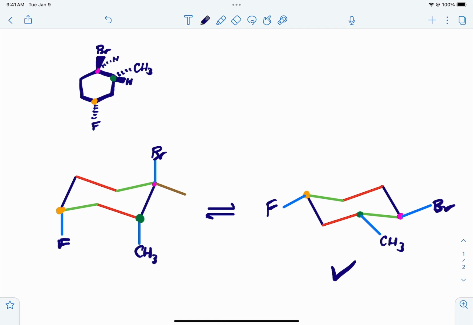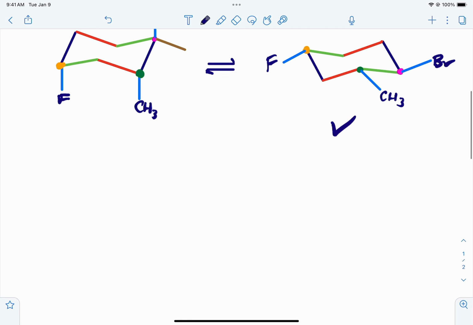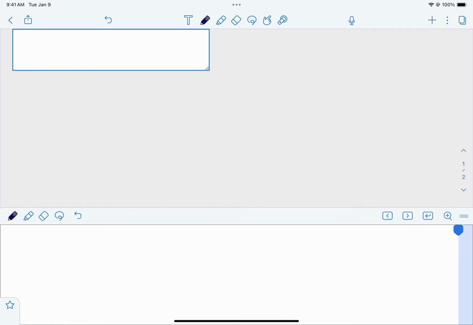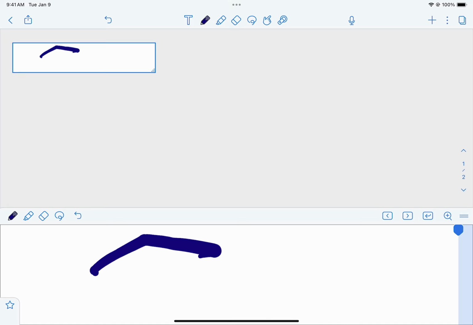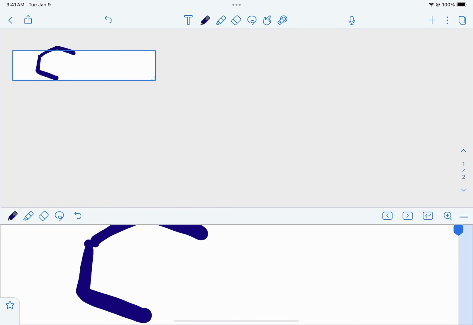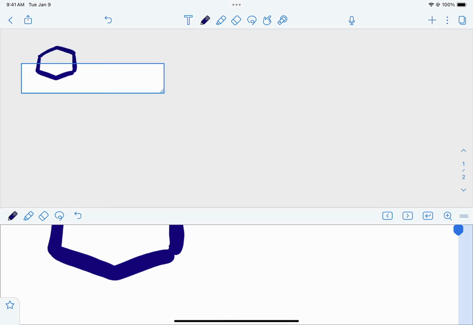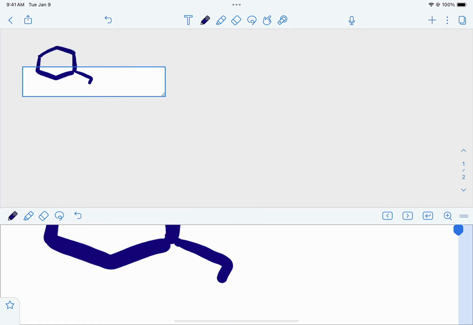Let's do another example. We'll do maybe one more. So again, we'll start with a cyclohexane ring, and let's give ourselves a T-butyl.